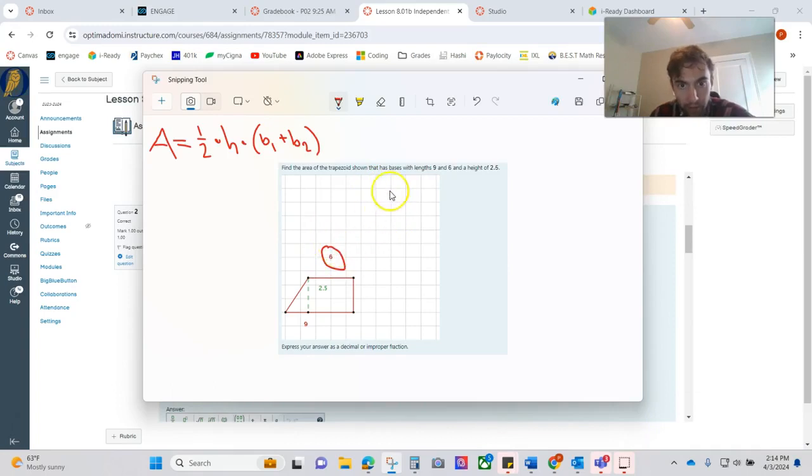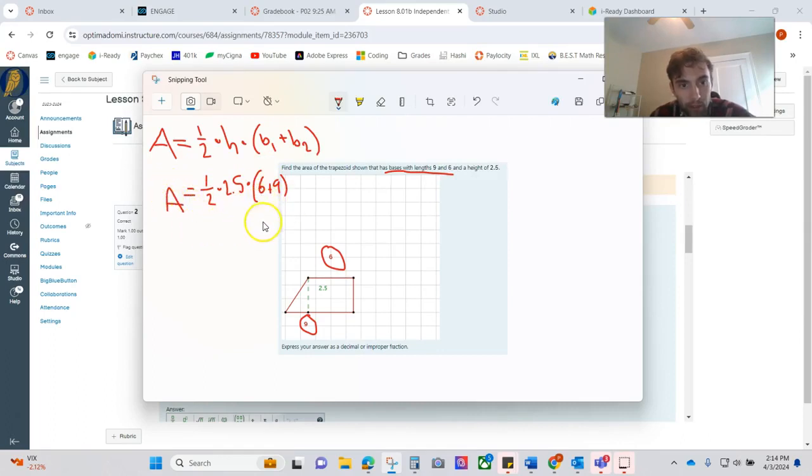It says here bases are 9 and 6. We can also see in the picture, the bases are the two flat lines that are opposite each other. So 6 plus 9 times by 2.5 times 1/2 will give me my area.